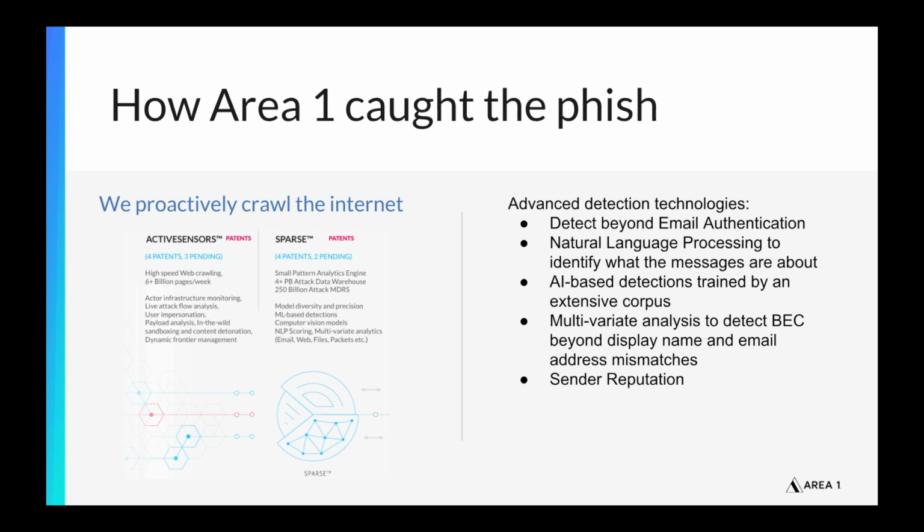And finally, we take a multivariate detection approach to all these messages to make sure that we can detect these very accurately. We also take into account the sender reputation that comes with the message. And all these factors are taken into consideration in order to determine the phishiness of the message.